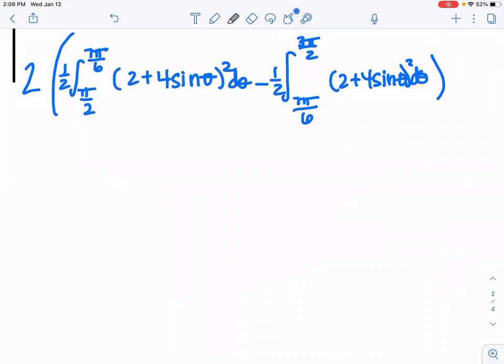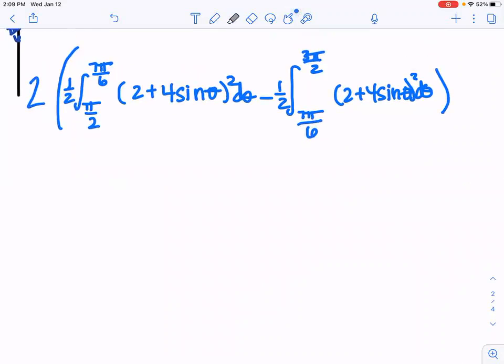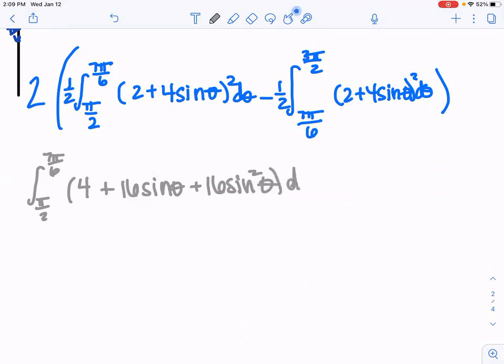Okay. So now, if we wanted to actually do this by hand, we would have 4 plus 16 sine theta plus 16 sine squared theta, d theta, right?